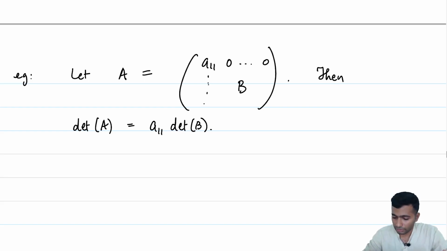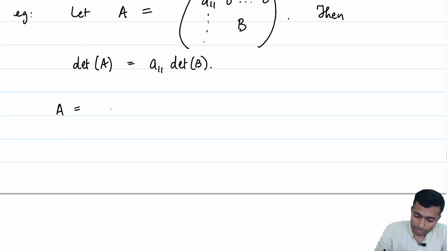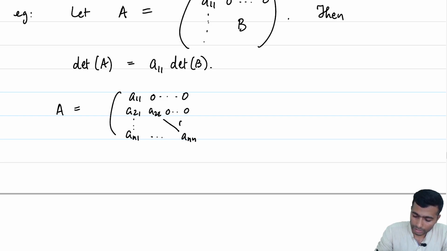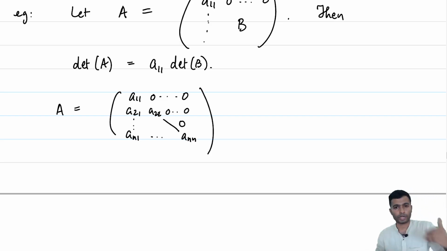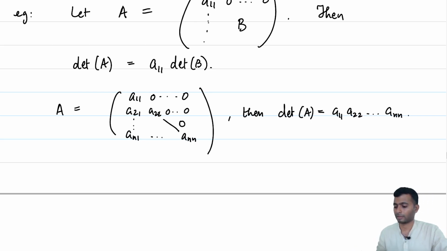Now, by induction, if we have A equal to say A11, 0, 0, 0, A21, A22, 0, 0, and so on up to An1 up to Ann, so all zeros above the diagonal, then determinant of A will just turn out to be equal to A11 times A22 times up to Ann.